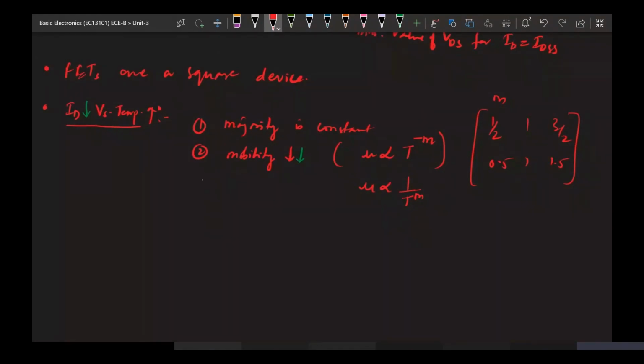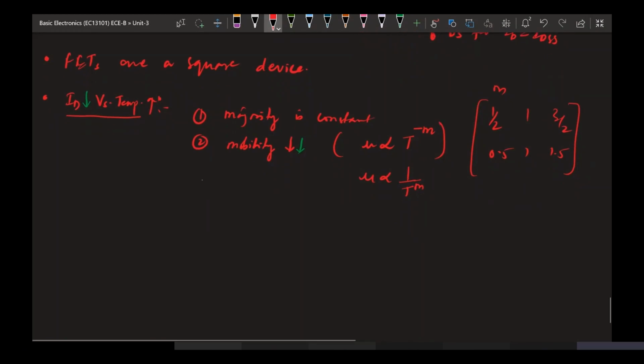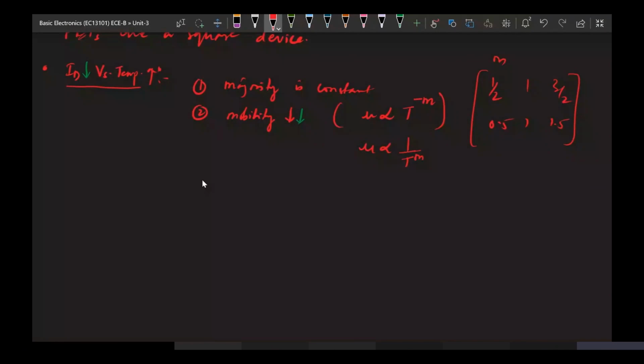Next we will see how the pinch off is going to have a relation. ID depends on pinch off also. Okay, so how this is depending, we will see. In the pinch off relation, when VDS is equal to pinch off, at that time we have seen that the channel width is going to be 0.